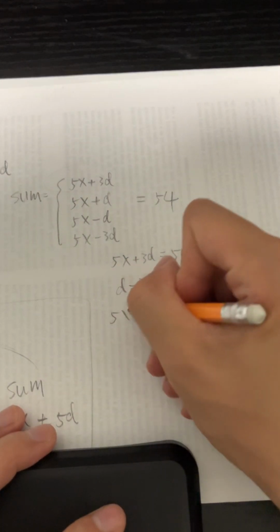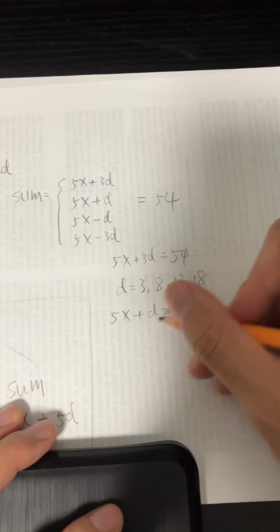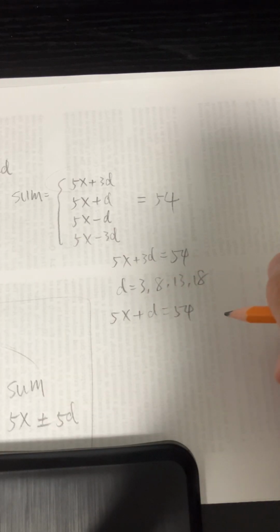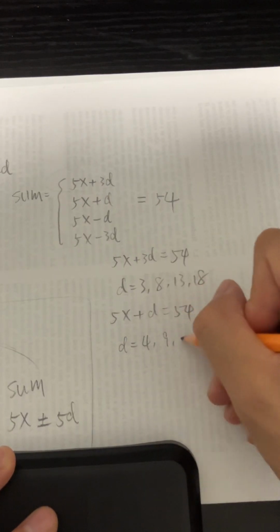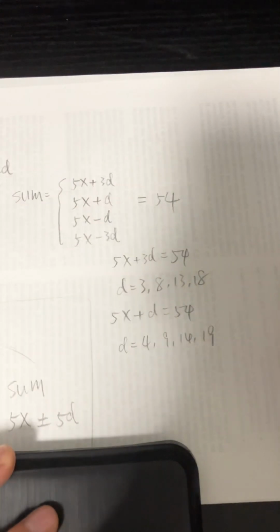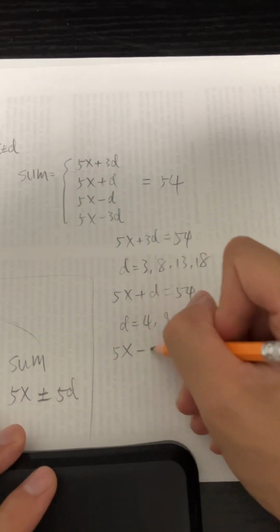And then 5x plus d is 54. In this case, 54 minus d should be a multiple of 5. So d can be 4 easily. If you get 4, you just go 5 up. Keep going. You get another 4 of them. And second lastly, 5x minus d is 54.